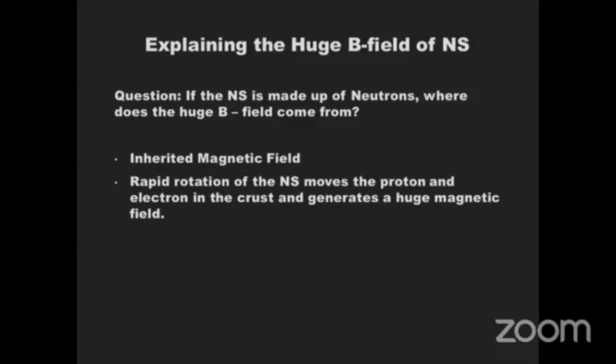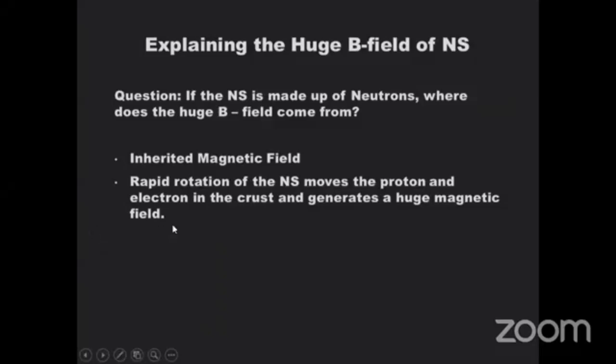Okay, so another cause of the huge magnetic field is the rapid rotation of these neutron stars. Remember what I said before about moving charged particles. When charged particles move, they generate a magnetic field. The faster they move, the more the magnetic field.